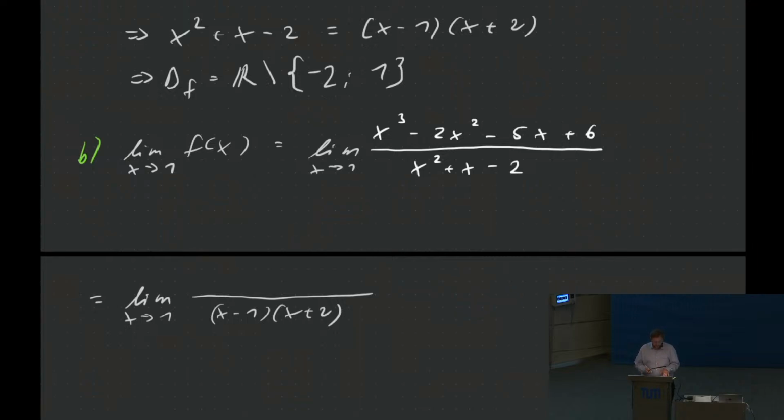And we also know that 1 is a root of the numerator. So it should be possible to factor out x minus 1 in the numerator as well. And if we can do this, of course, those two just cancel out, and we get rid of the problematic point. Right, so that would be the idea.